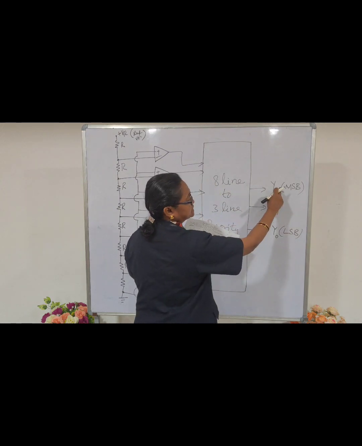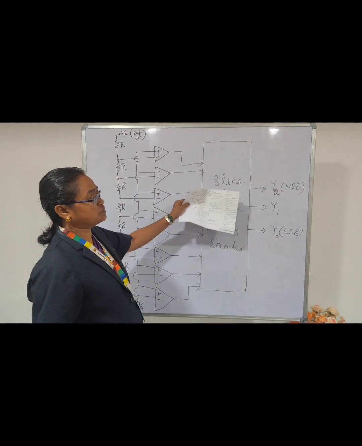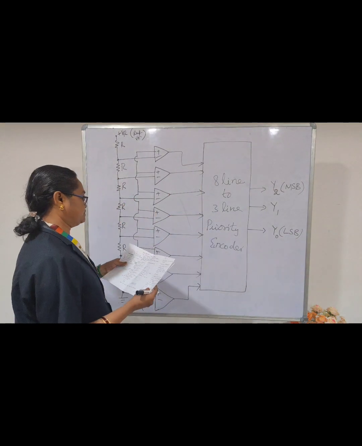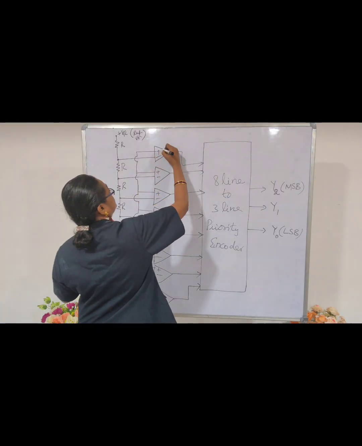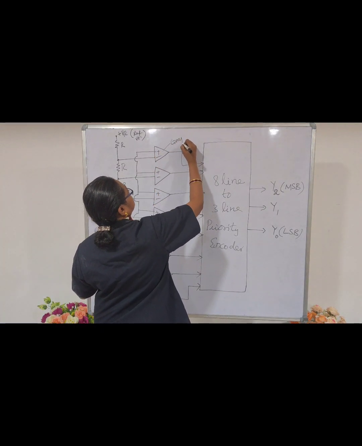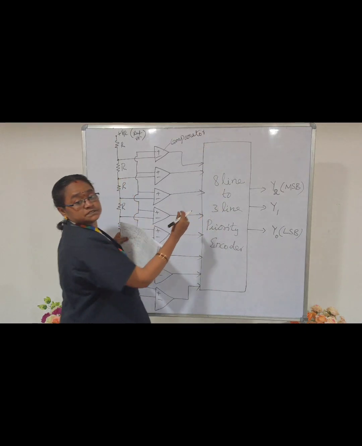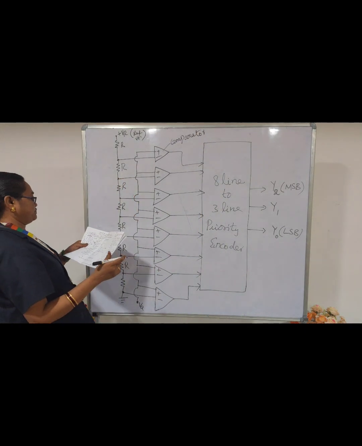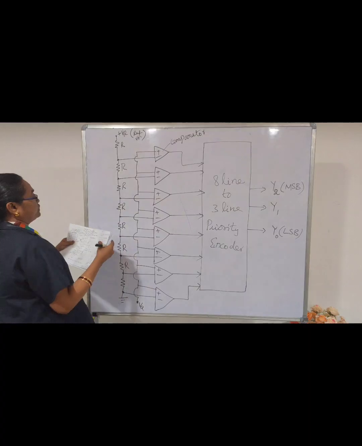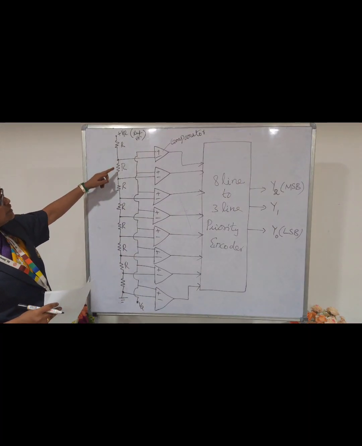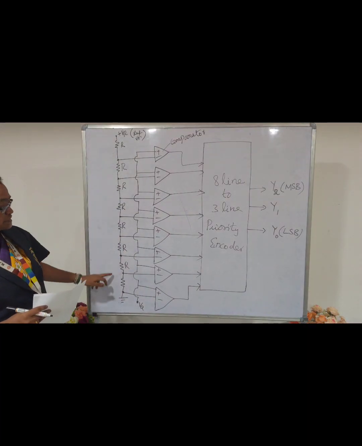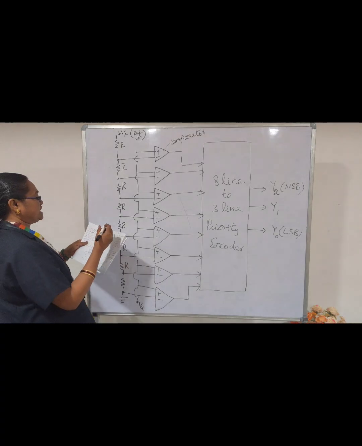This is the MSB, most significant bit, and this is the least significant bit. This is a comparator. It compares analog voltage with reference voltage. We are using equal value for all the resistances here. Same value.